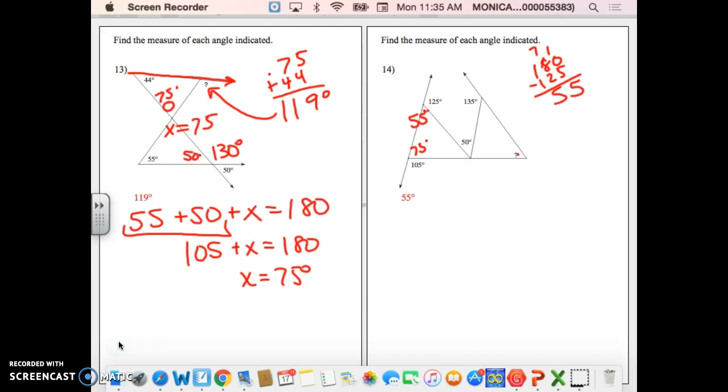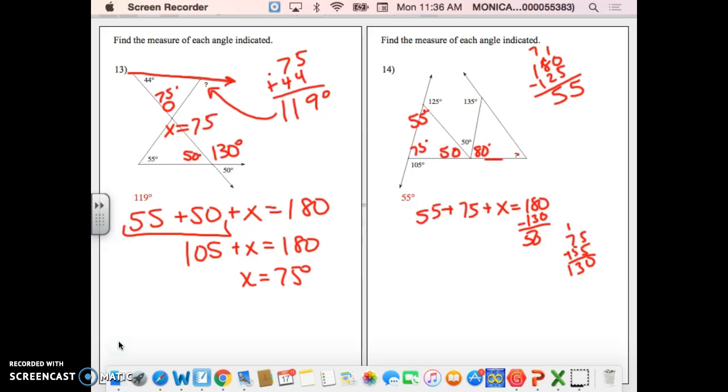If this is 55 and this is 75, I can figure this one out by doing 55 plus 75 plus x equals 180. 75 plus 55 is 130. I'm going to subtract 130, so this is 50 degrees. So this is 50, this is 50, so this one has to be 80 degrees, because 50 plus 50 is 100, plus 80 makes a straight line, which is 180 degrees.